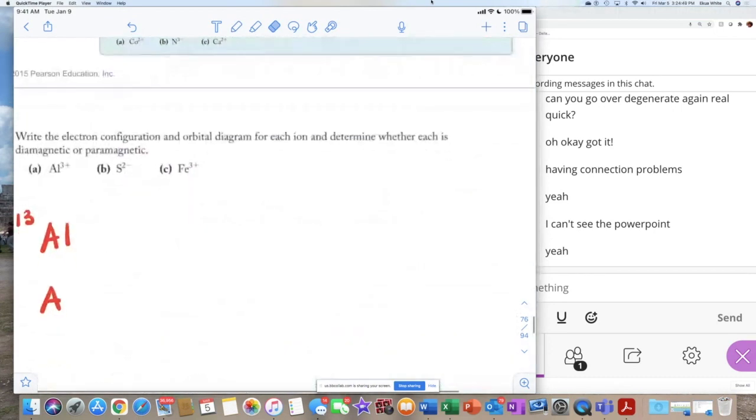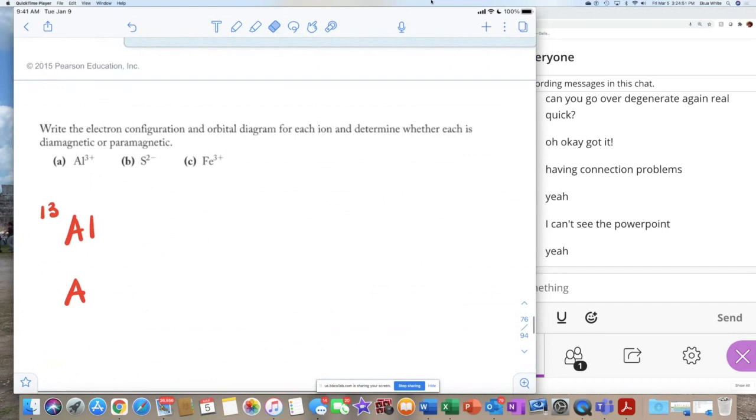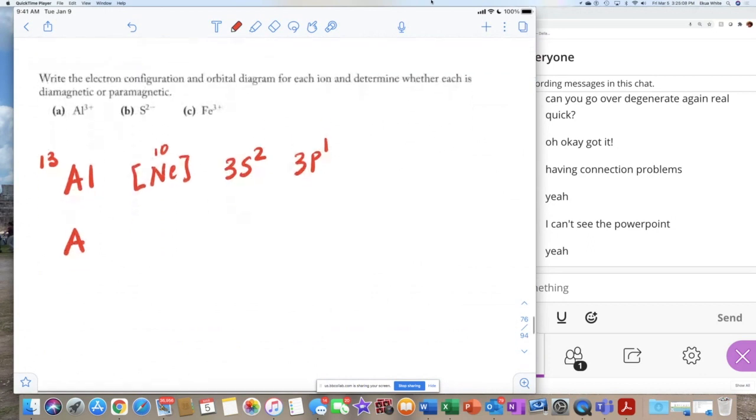So aluminum shorthand will be in brackets, neon takes care of 10 electrons. After neon, we have 3s2 3p1. Okay, so aluminum, after it loses 3 electrons, becomes 3 plus.